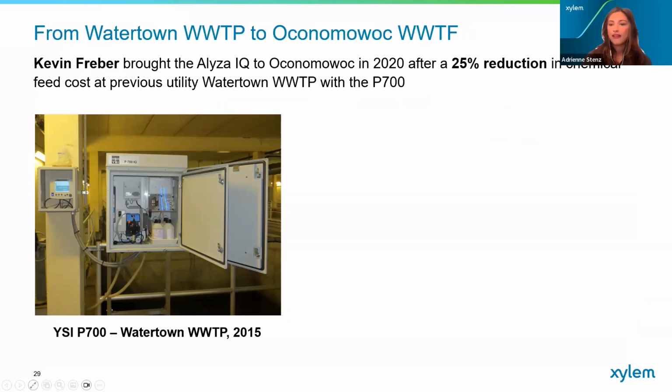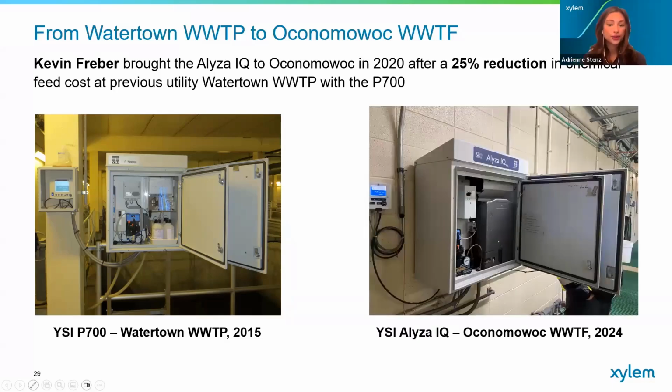At Watertown, Kevin and his team had implemented the P700 PO4 analyzer, which is the predecessor to the Alyza. They installed that back in 2015, and in doing so, the facility saw a 25% reduction in ferric chloride usage within the first year. So when Kevin moved to Oconomowoc, he took the same proven strategy with him and implemented the upgraded Alyza PO4 analyzer to automate chemical dosing in a similar fashion.